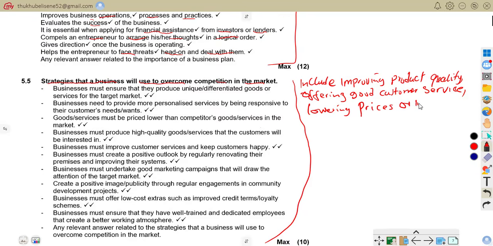So that is a strategy that you can use to overcome your competition.